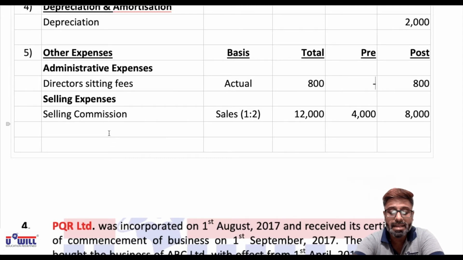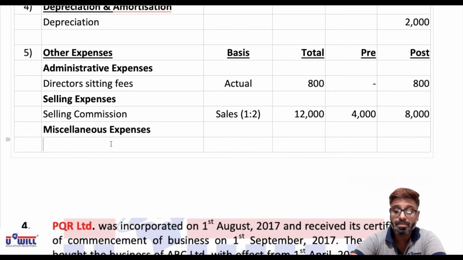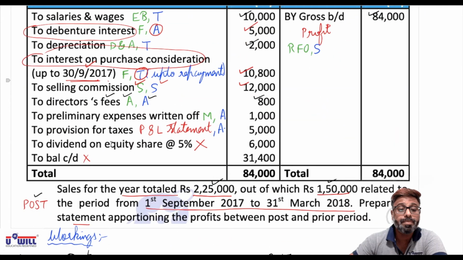Then miscellaneous expenses. All the items marked as M in green letters. Only one item is there. Miscellaneous expenses include preliminary expenses written off.